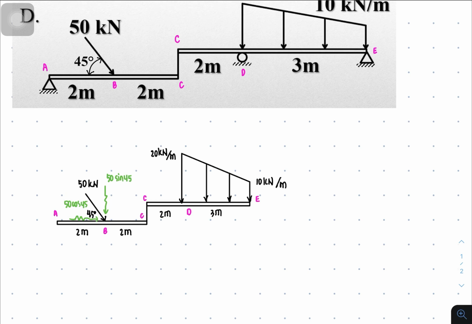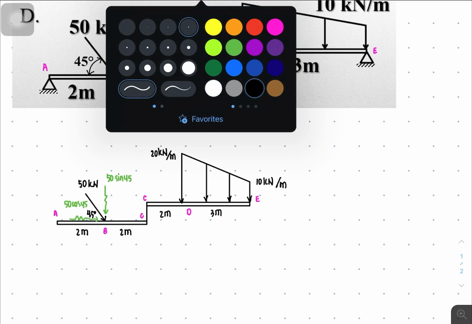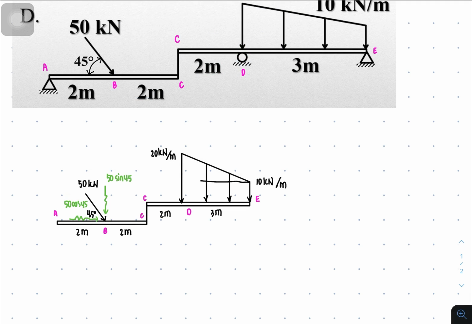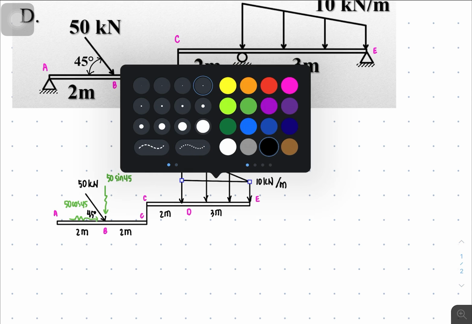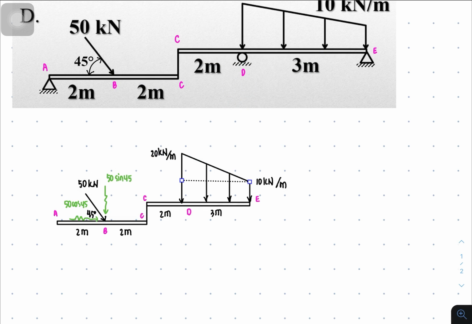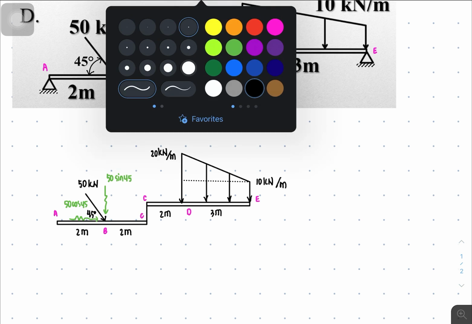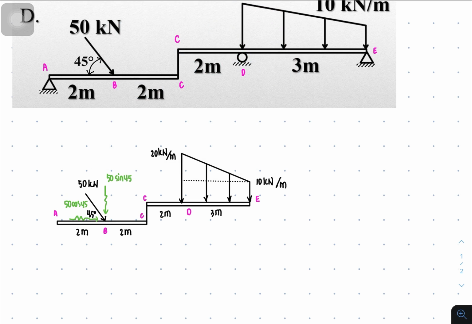Also, we have a trapezoidal loading. What we're going to do is separate the trapezoid into a rectangle and a triangle. So I'm going to separate the figure. I'll just draw a horizontal line, and I'll make it a broken line just to denote that we're actually separating the figure. So this one is for the rectangle.